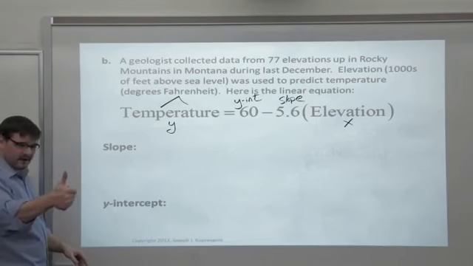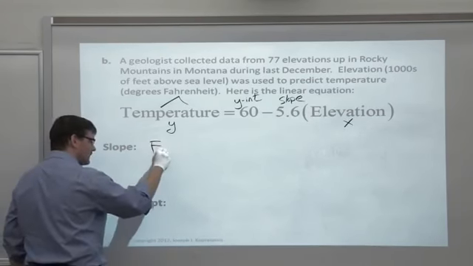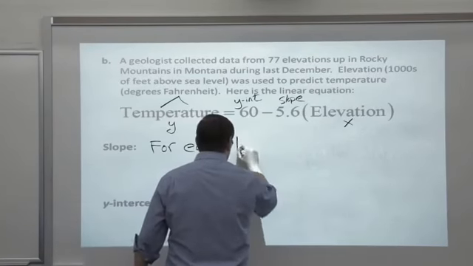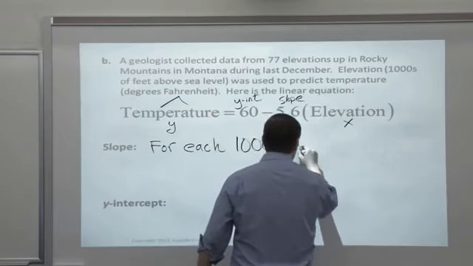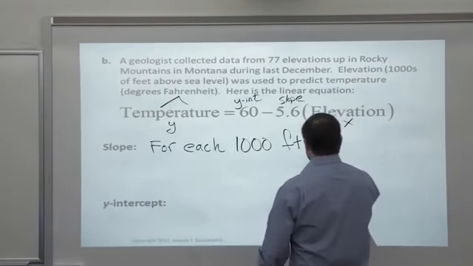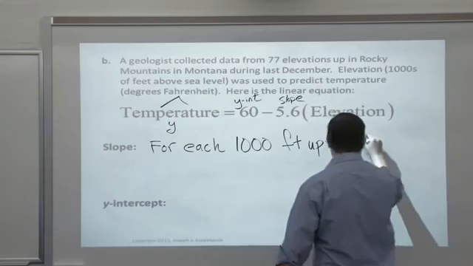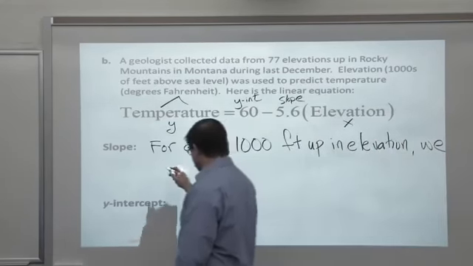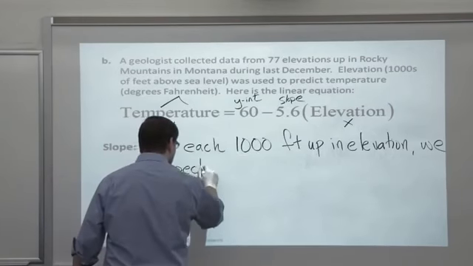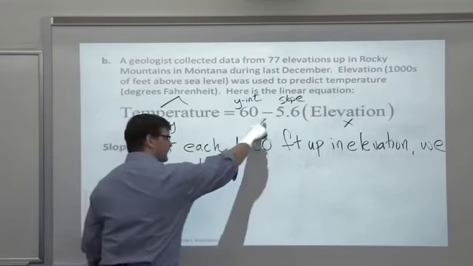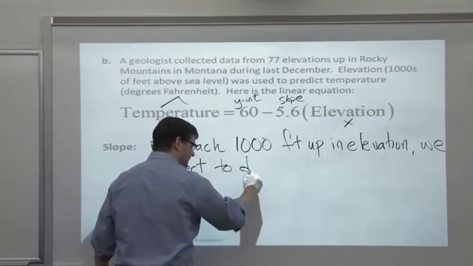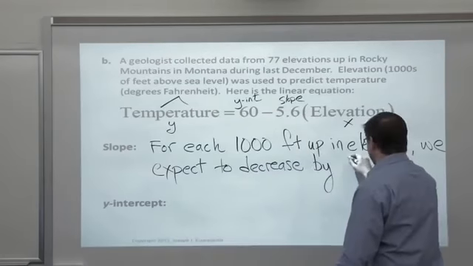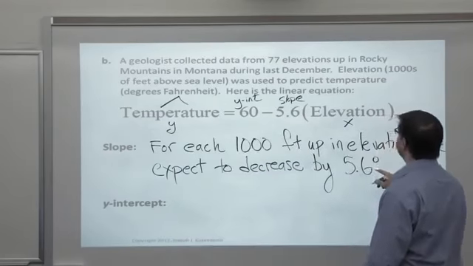So for every 1,000 feet we go up in elevation, we expect temperature to decrease because the slope is negative, by 5.6 degrees.